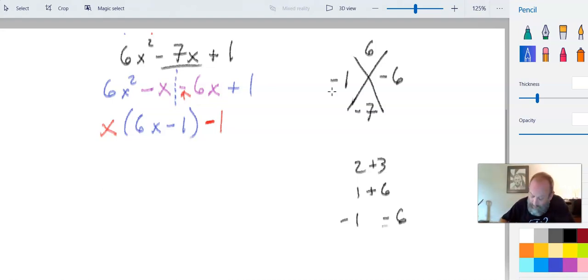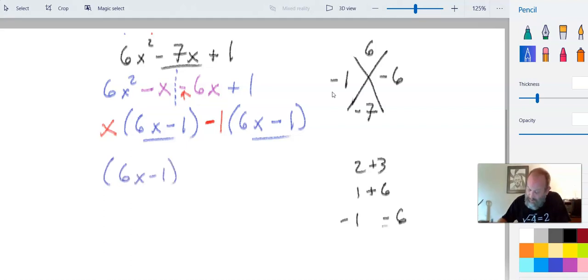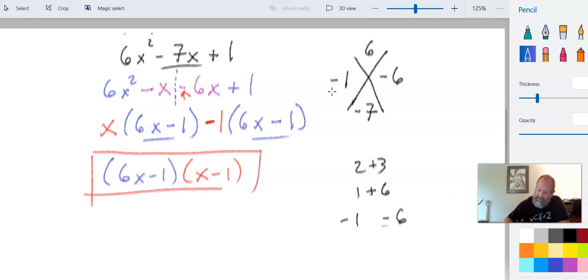So if I pull out that negative 1, negative 1 times 6x gives me negative 6x, and negative 1 times negative 1 will give me positive 1. So now I can see that this matches with this, so that means I can pull out 6x minus 1, and I can put down x minus 1, right? And this ends up being our final answer.